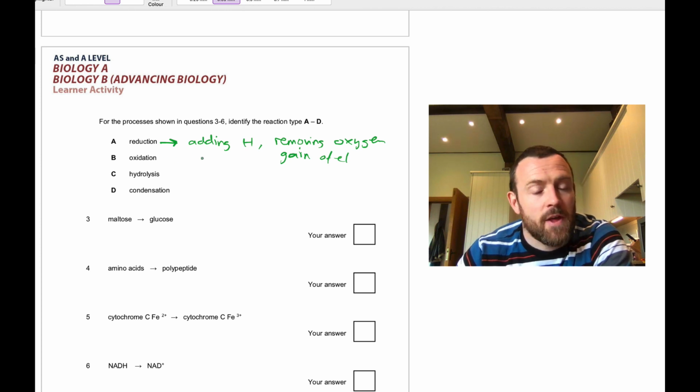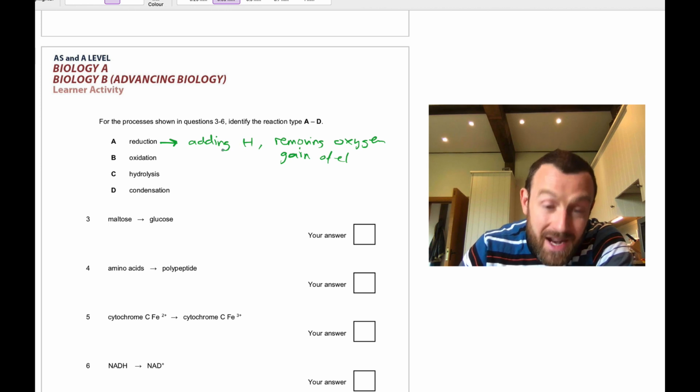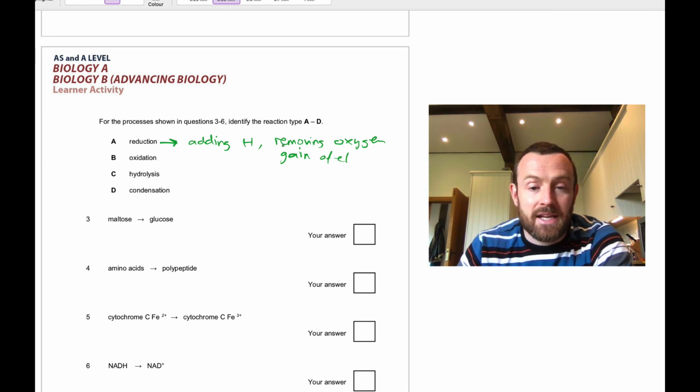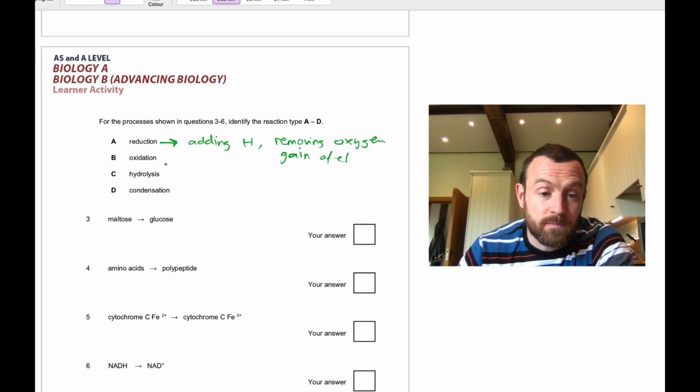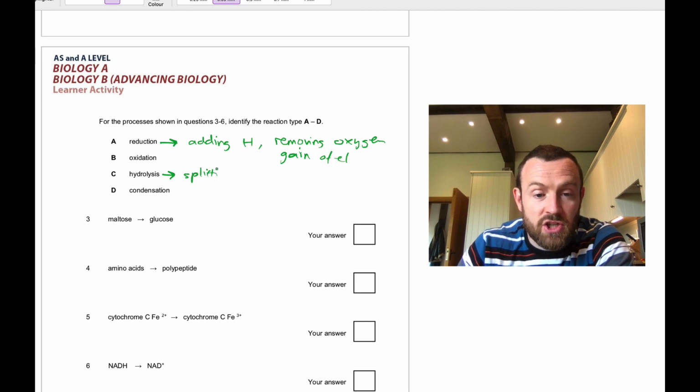And oxidation is really the opposite of that. So it could be subtracting hydrogen, adding oxygen, or losing electrons. So remember, OIL RIG. Hydrolysis basically means splitting. And condensation basically means joining things together and forming water in the process.